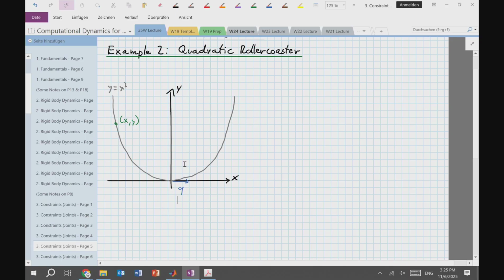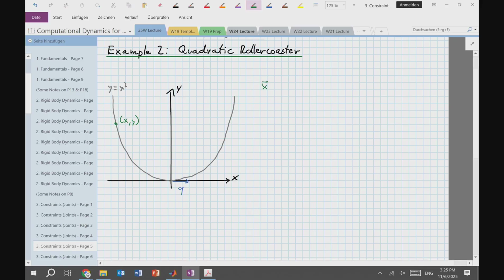Think of this as the track of a roller coaster, and your point mass is moving this way. From the outside I'm only measuring its x position, but of course due to the roller coaster design it also has to move in the y direction.